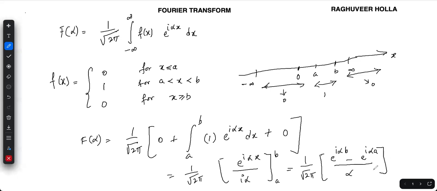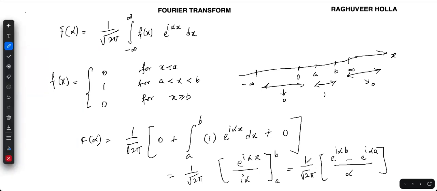Let us multiply and divide by i. So i square is minus 1, so we can further simplify this.